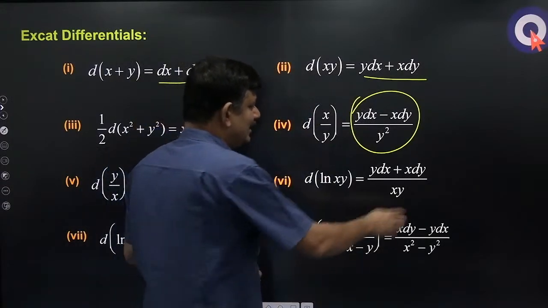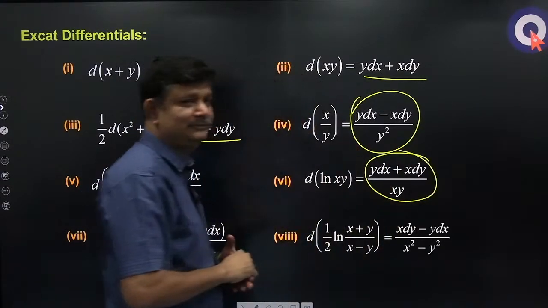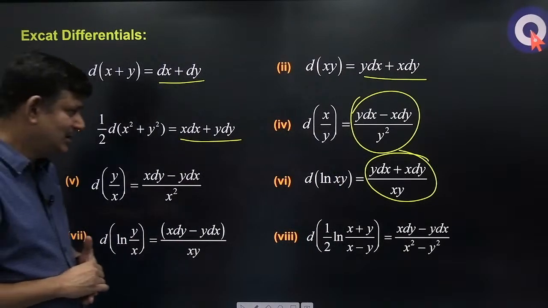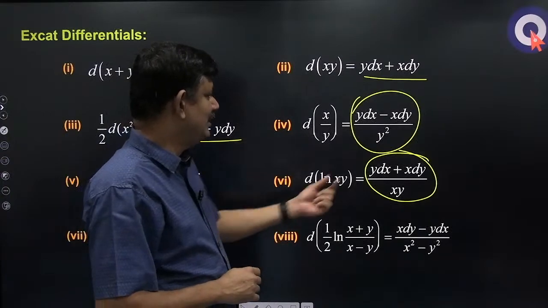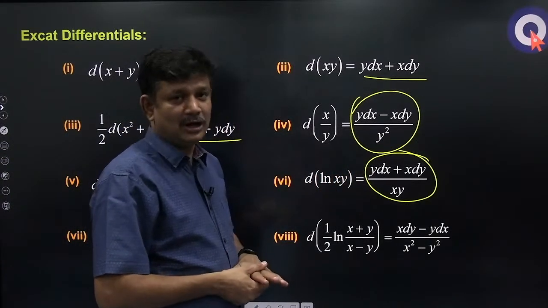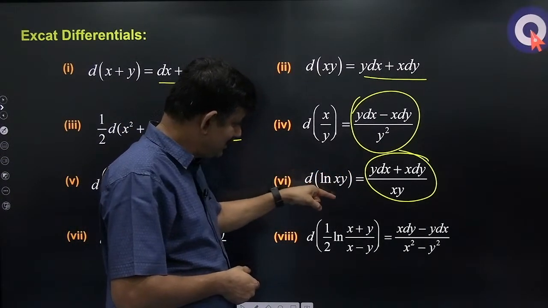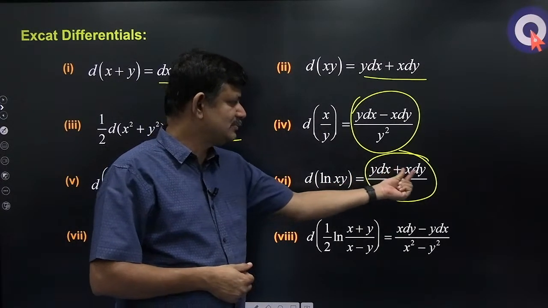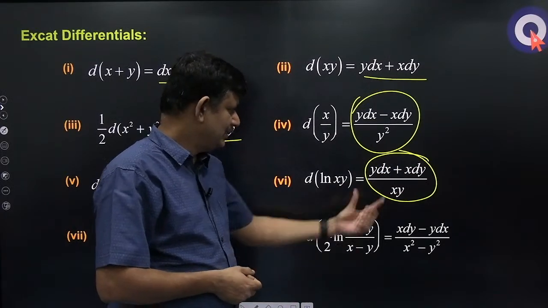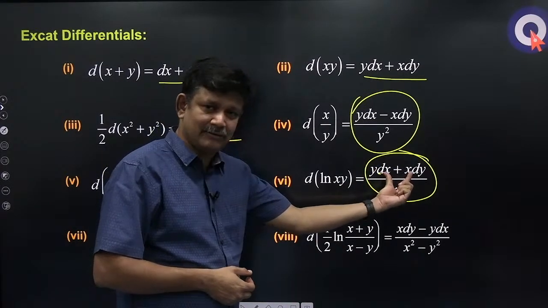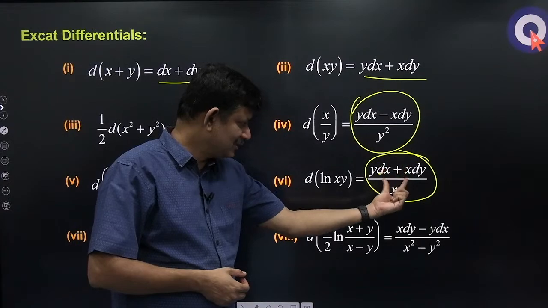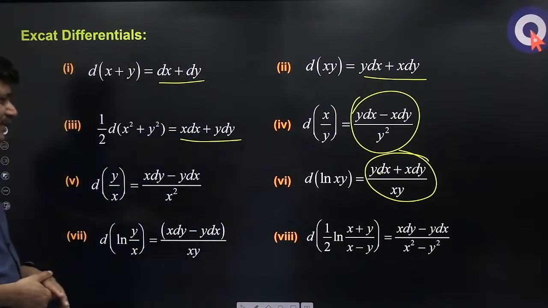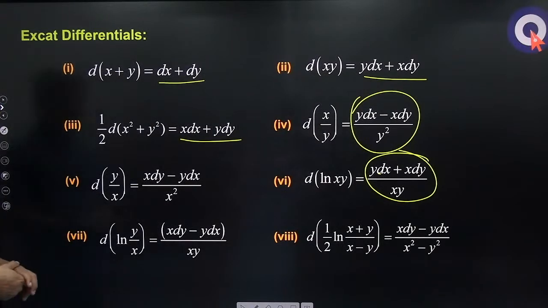Similarly, if you see y dx plus x dy divided by xy, you should see it as the derivative of log xy. What comes on differentiating log xy? 1 by xy into the derivative of xy, which is y dx plus x dy. Okay, so that is how you can remember it.